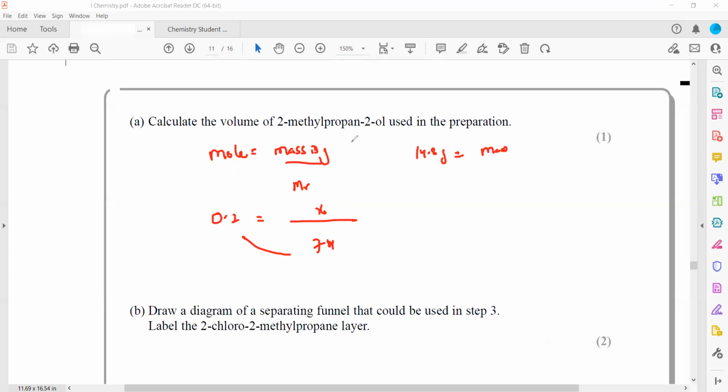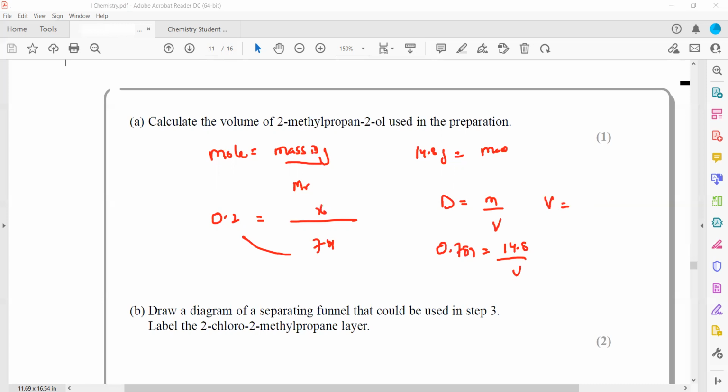But in the question we need the volume, and we have the density. Density is mass over volume. The density was given as 0.789, and the mass is 14.8, and volume we don't know.